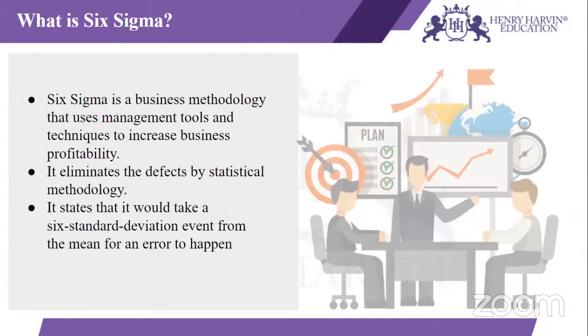Let's understand the concept like a layman. So what does Lean do and what does Six Sigma do? Once you understand that concept, you will be able to understand by yourself how it will benefit you. And I won't be talking in technical jargon, because if you enroll for your course, you'll be understanding those technical jargons as well.